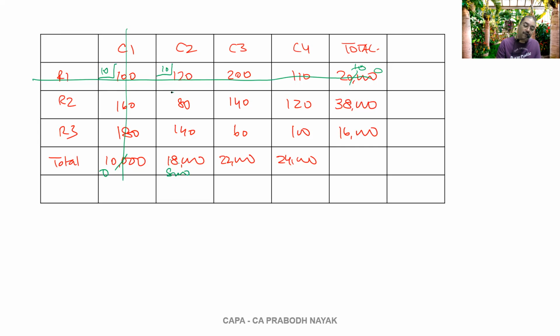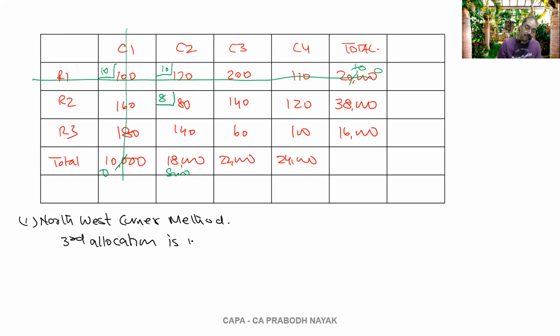Third allocation comes in this cell. 8 or 38, whichever is less. So 8,000. I'm concerned only with that. Now I stop there and start writing my answer. Northwest corner method. Third allocation is in R2C2.